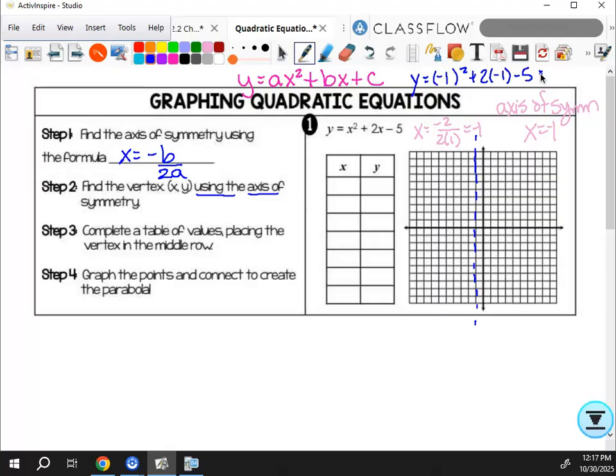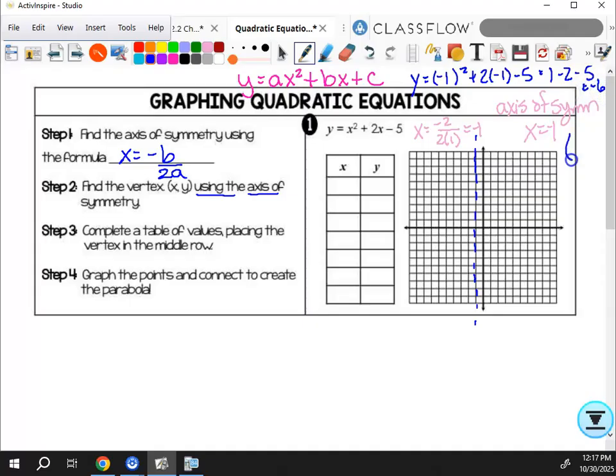So negative 1 squared is 1 minus 2 minus 5. And that gives me what? Negative 6. Good. So this gives me negative 6.